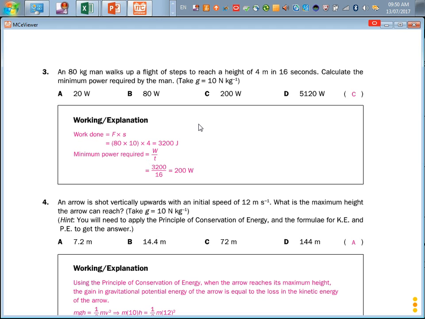Whether you are here, the force is always upwards, times distance moved in the direction of the force. So, are we interested in AX or AB or XB as the distance moved in the direction of the force? It has to be XB. Because XB is upwards, this is in the same direction as the force.